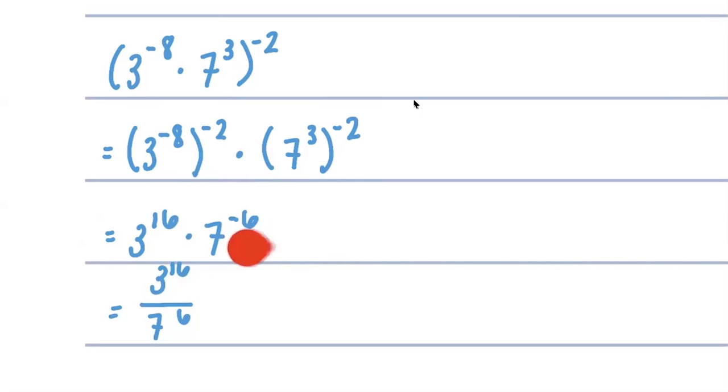But since you have this negative exponent, finding the reciprocal of it would just be 1 over 7 to the 6th. And then when you multiply that by 3 to the 16th, you get this right here. Okay, so that's why I just like using positive exponents, but this right here is also a valid answer.